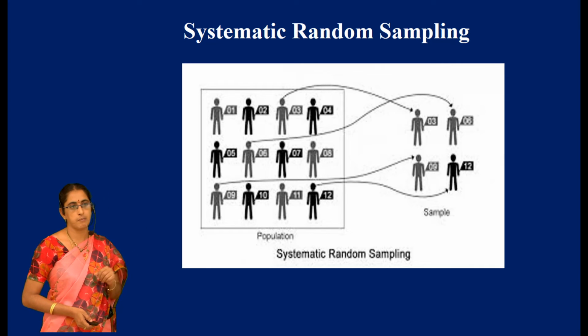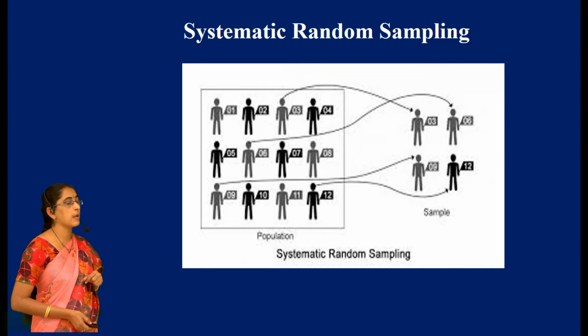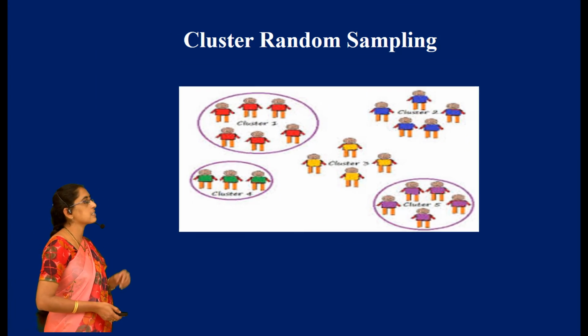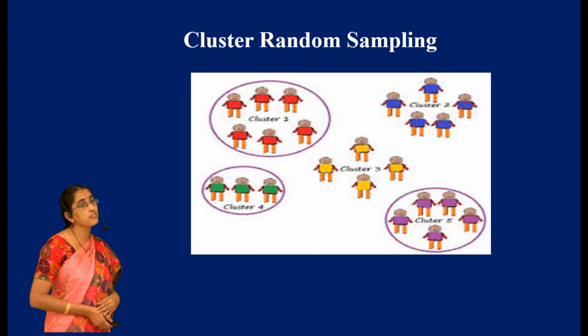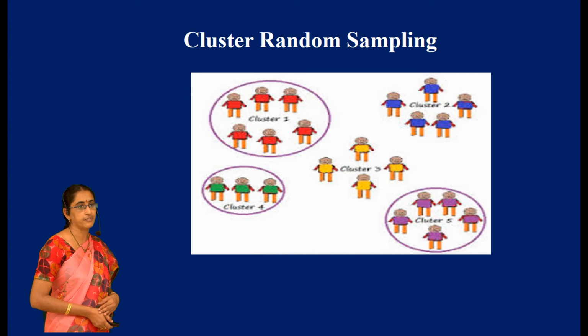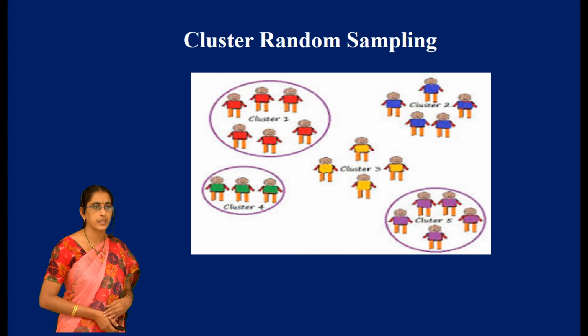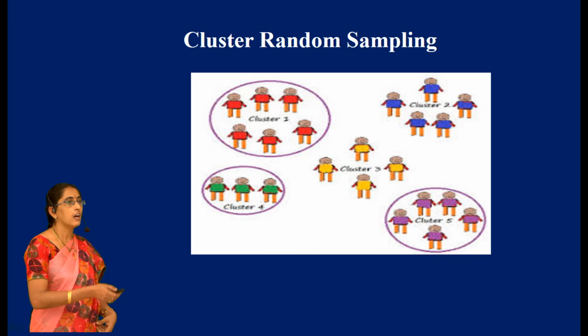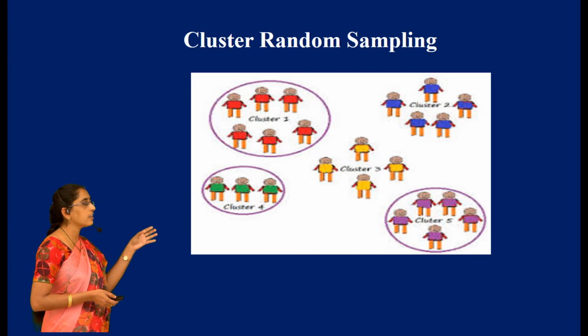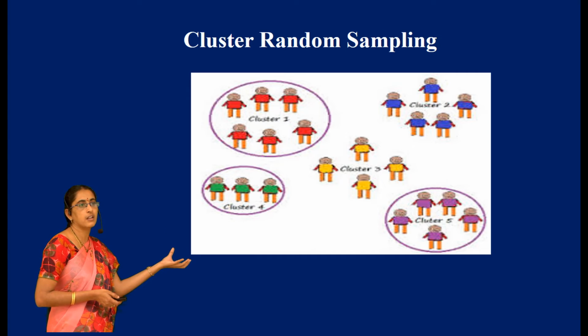The last random sampling technique is cluster random sampling. This is mainly useful for geographical purposes. When the population is very wide and large, we use cluster random sampling. Of course, there is homogeneity, but within the homogeneity, heterogeneity occurs.